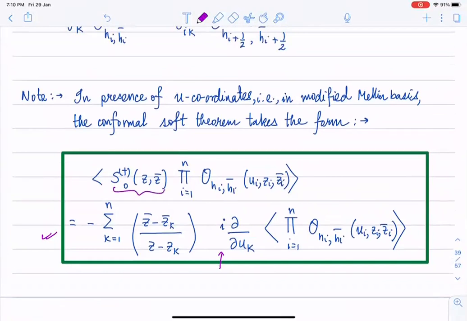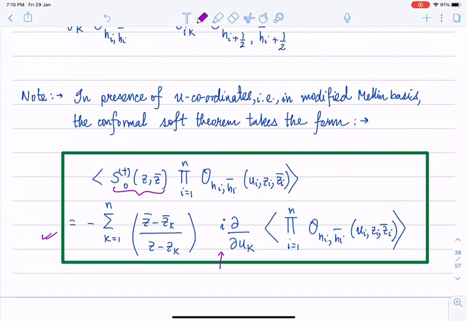If you think of the soft graviton operator as some current, then what this is saying is that the insertion of a current operator in some n-point CFT correlation function gives you some Ward identity, which is a statement about factorization of the n+1 point correlation function in terms of the n-point correlator of the remaining primary operators.